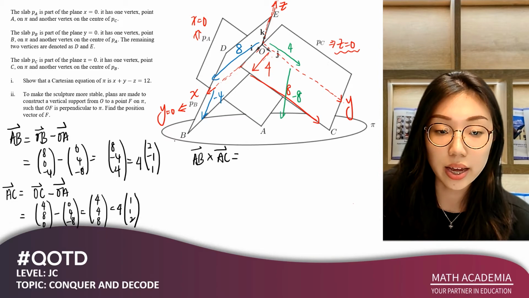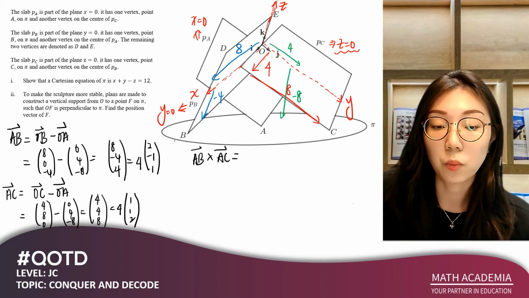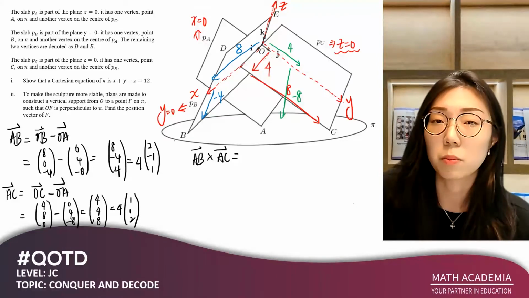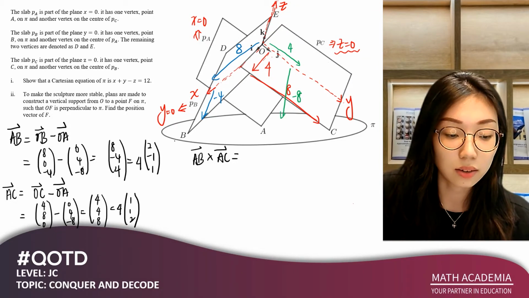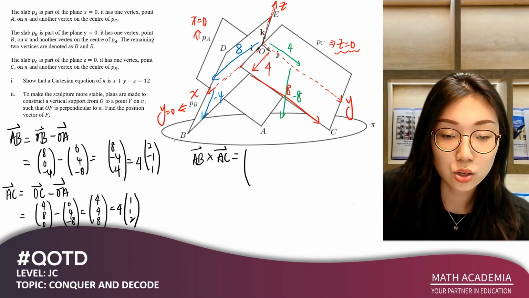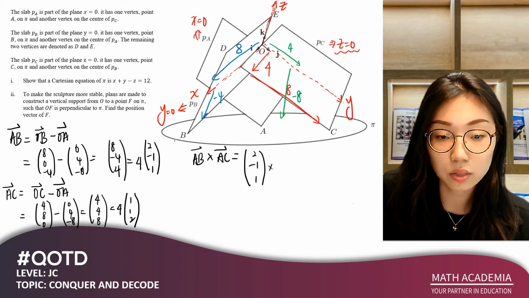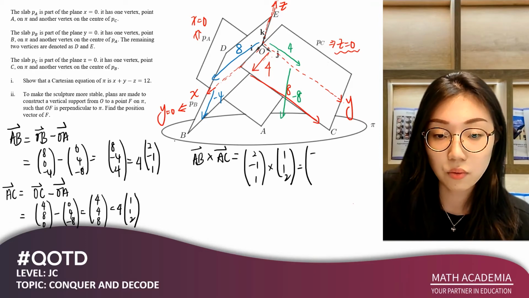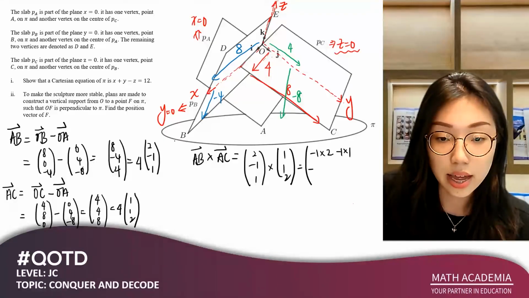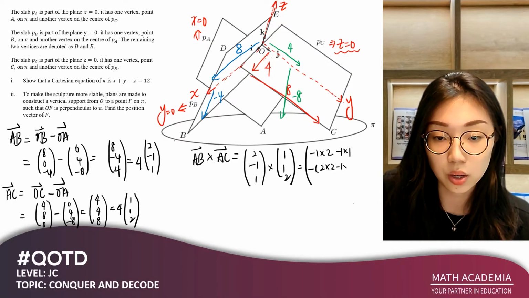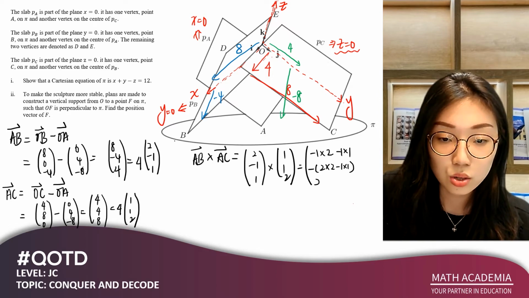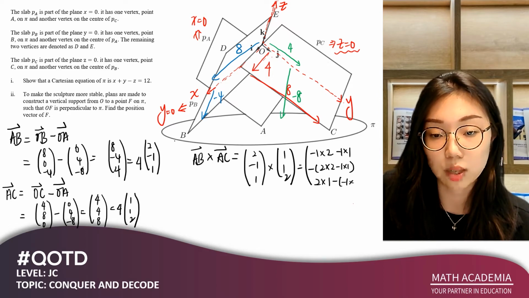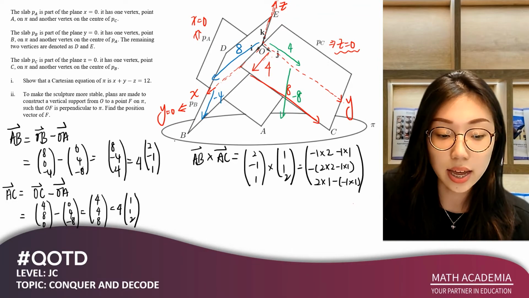I can use the vectors 2, negative 1, 1 and 1, 1, 2 instead of having a more complicated vector. So if I take 2, negative 1, 1 cross with 1, 1, 2, I would have negative 1 times 2 minus 1 times 1, and negative 2 times 2 minus 1 times 1, 2 times 1 minus negative 1 times 1, which simplifies and gives me negative 3, negative 3, 3.